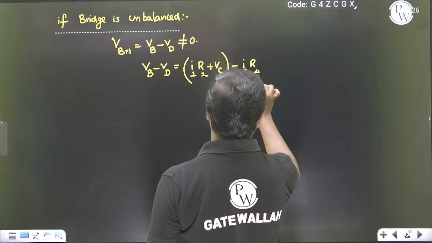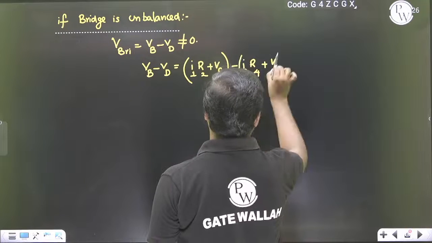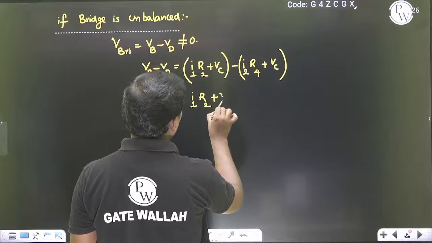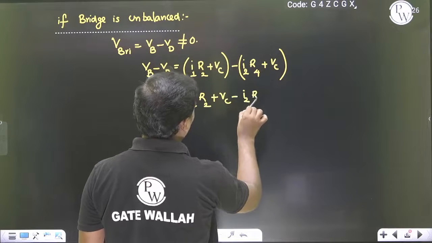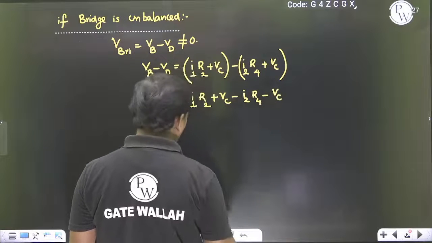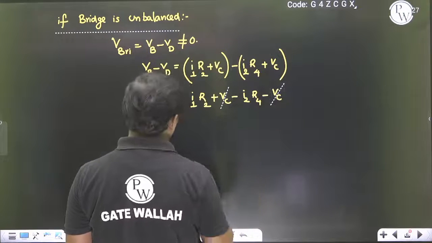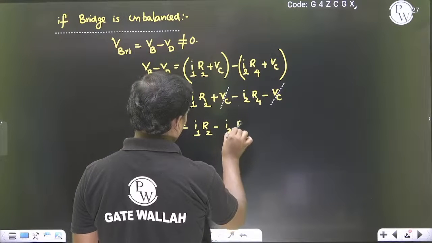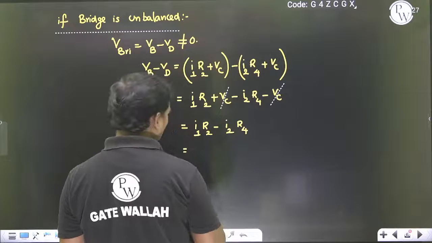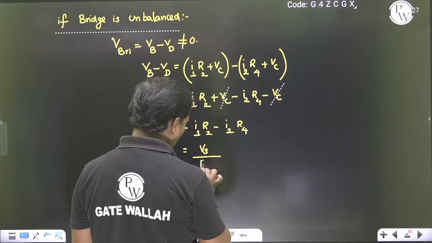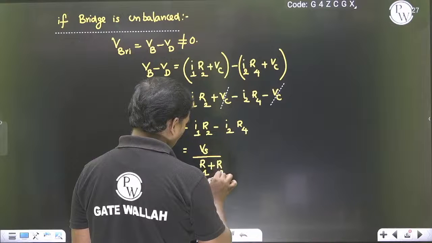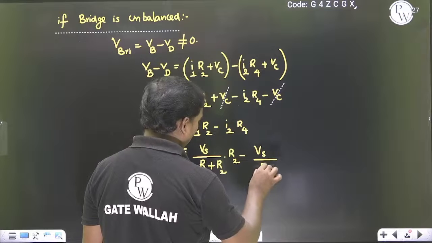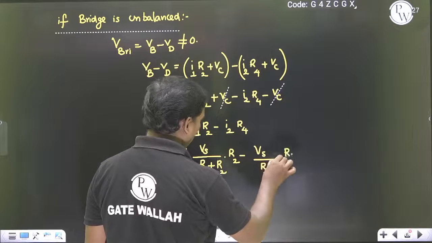So VB minus VD is I1 R2 plus VC minus I2 R4 minus VC. VC gets cancelled, and I get I1 R2 minus I2 R4. What is I1? That is Vs by R1 plus R2, and I2 is Vs by R3 plus R4.